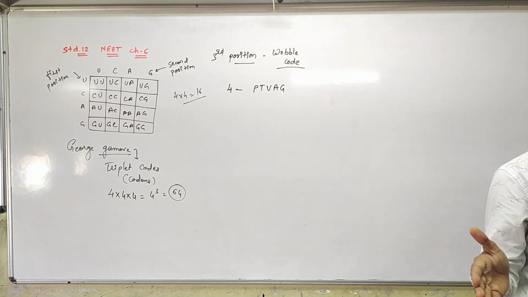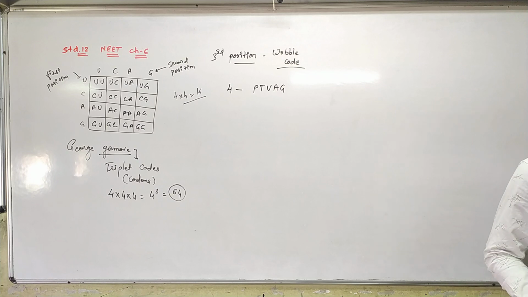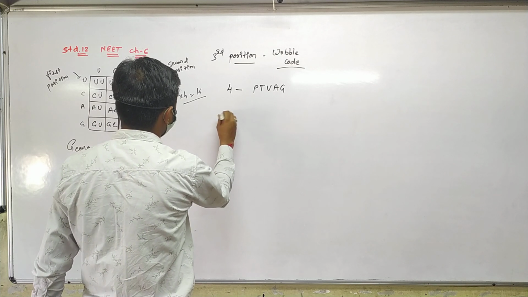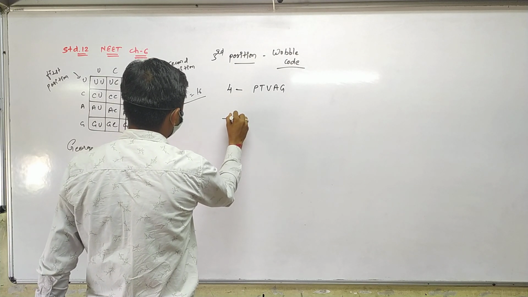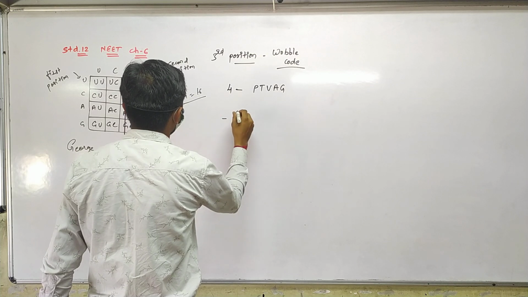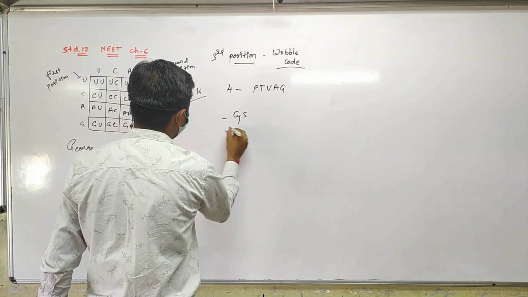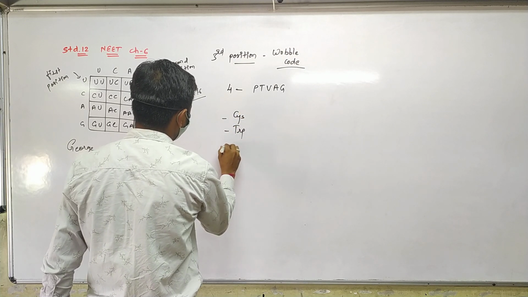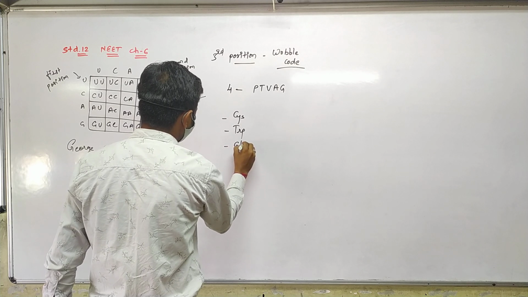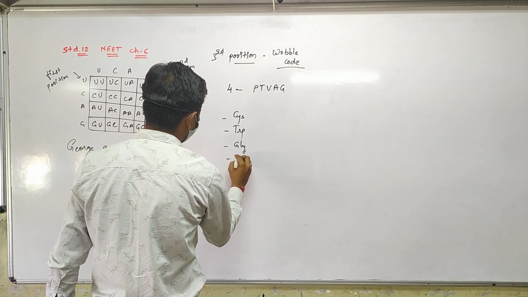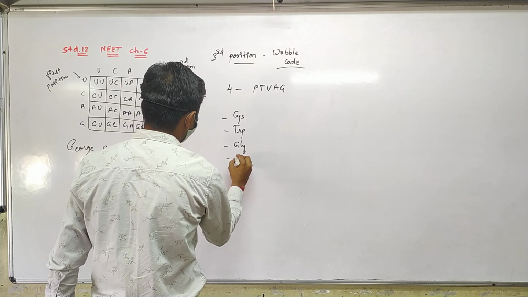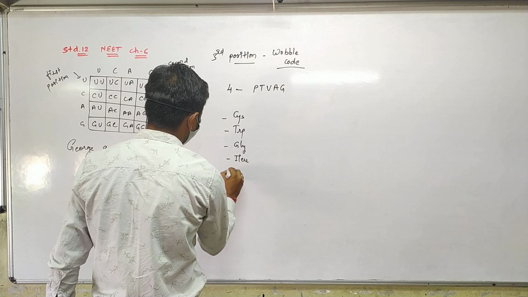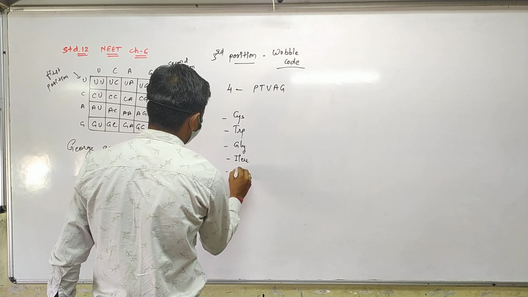Suppose I give you 5 amino acids: cysteine, tryptophan, glycine, isoleucine and threonine.